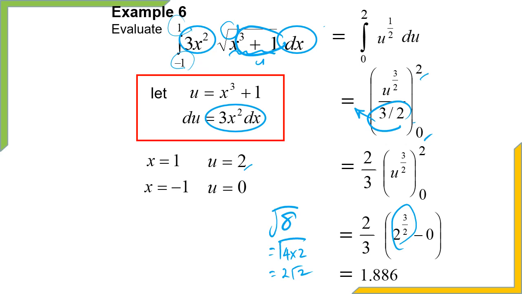Using this form, what you get is 2 over 3 multiplied by 2 root 2, which is equal to 4 root 2 over 3. Right? Okay.